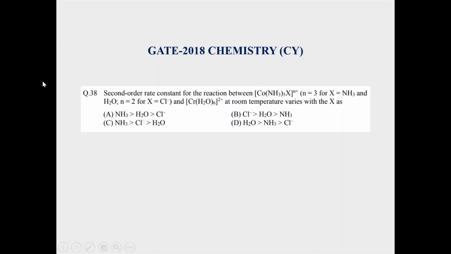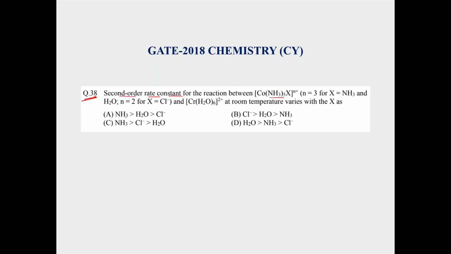Okay, then we will start discussing question number 38 from GATE 2018 paper. The question is: the second order rate constant for the reaction between Co(NH3)5X to the power n+, where n is equal to 3 for X is equal to NH3 and H2O, and n is 2 when X is Cl minus, and Cr(H2O)6 2+ at room temperature varies with X as.